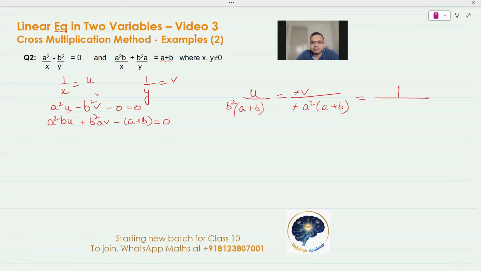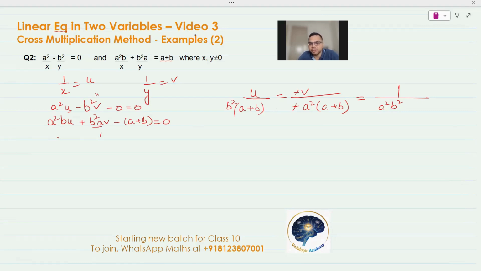And for the last part, the constant part, I'm not going to use the constant terms. I'm just going to use the u and the v terms. So here, it becomes a square into b square. Let me write a square into b square minus of, so minus is already there, minus b square into a square b. So it becomes a square b cube, right? I'm really sorry. This is a square into b square a, not b square only.